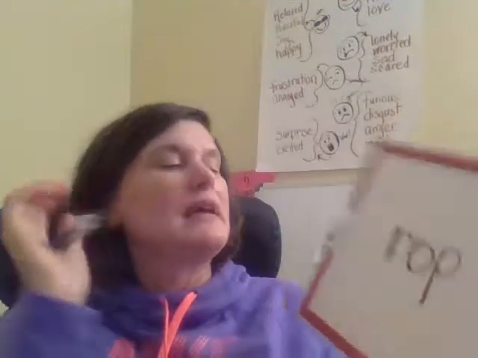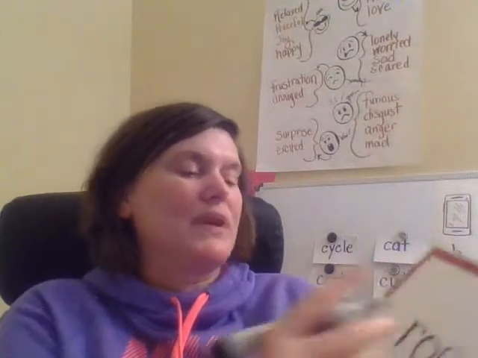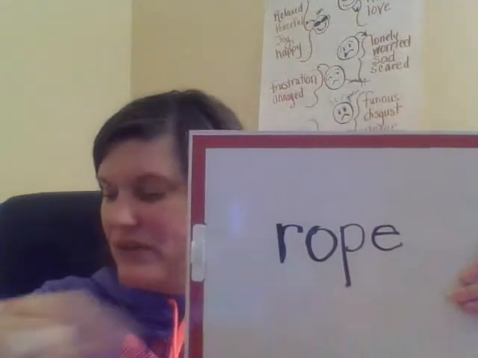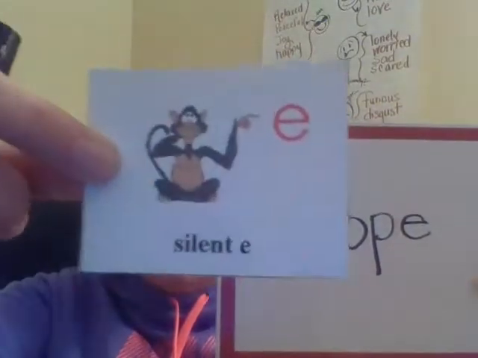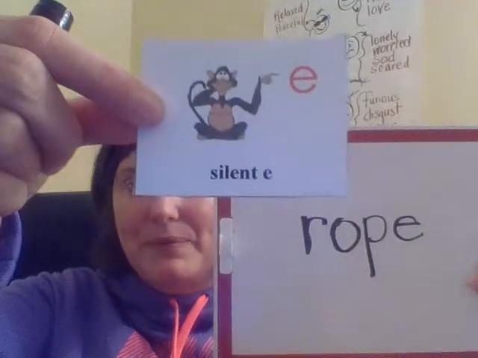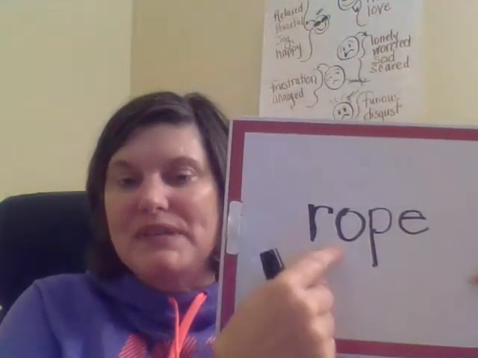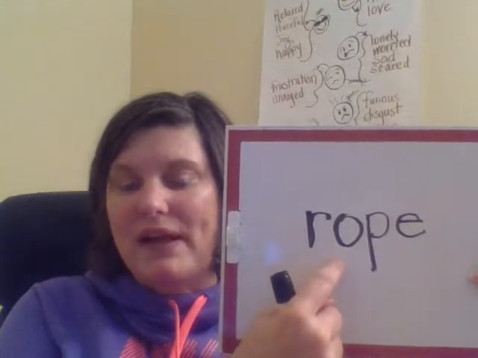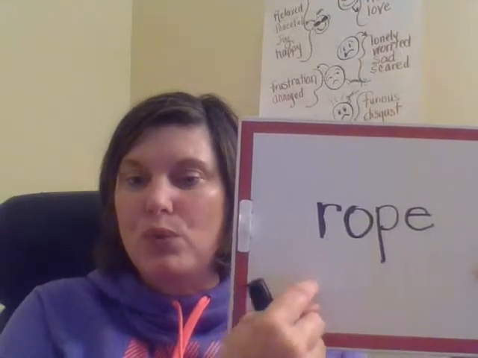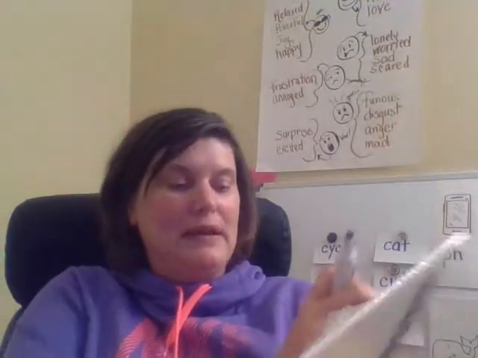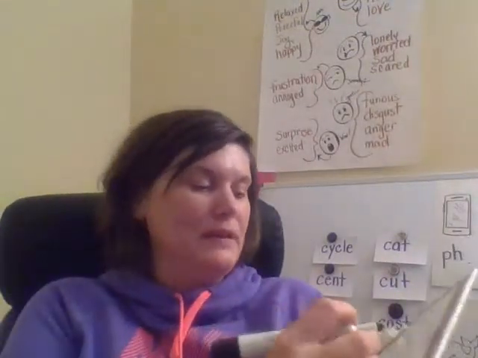Rap. Now look what happens when I add this letter. You notice what it said at the end? You're right. It's the silent E syllable type. Remember, this E, we do not hear it, but it helps this vowel to make its long vowel sound. So this would be rope. Rope. Very good.